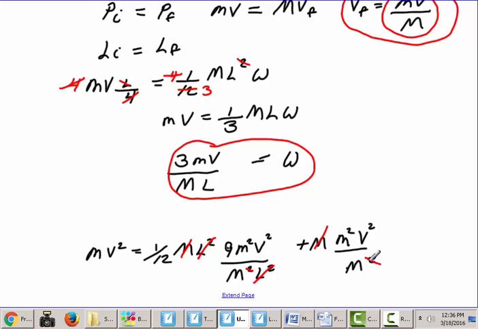I got V squares here, here, and here. We're getting there. I got M here, we'll cancel out this one and this one here. Alright, so anything else I can do here?